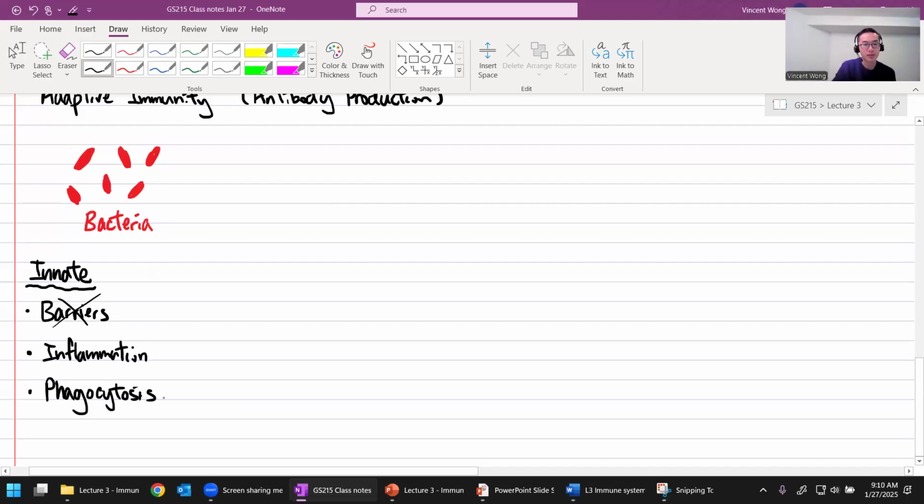Right, phagocytosis. So what happens is you're gonna have your macrophage here. Neutrophils can eat them, but neutrophils cannot do what I'm about to tell you. Okay, so there's the macrophage. There is the bacterium.